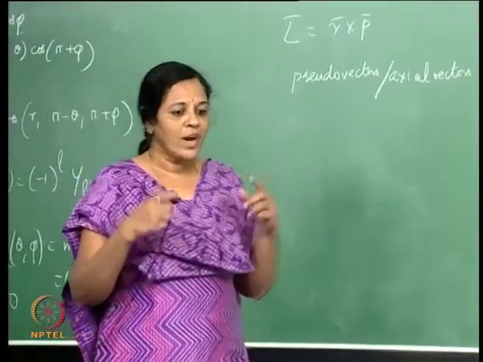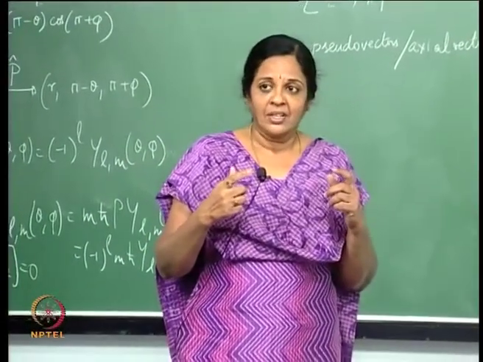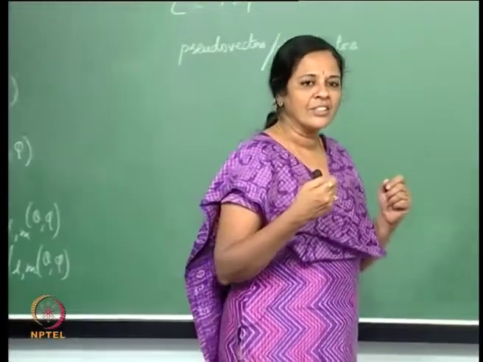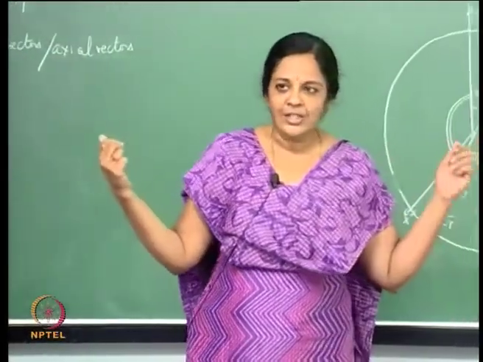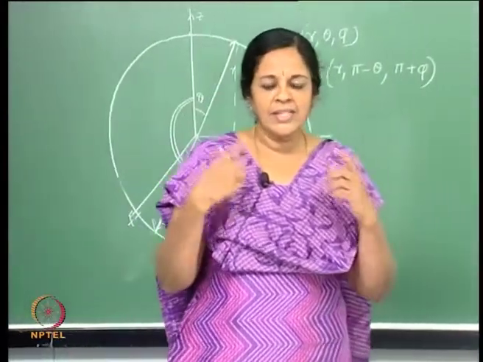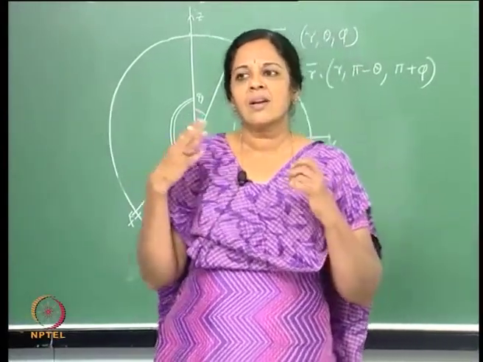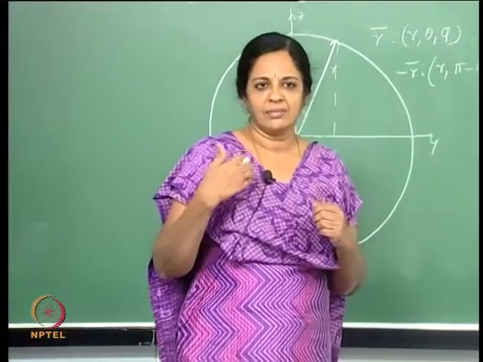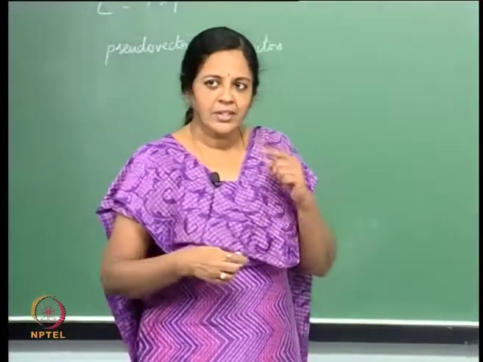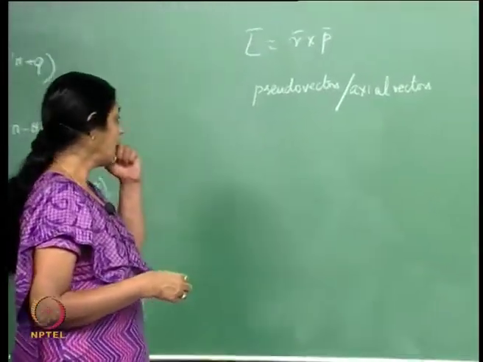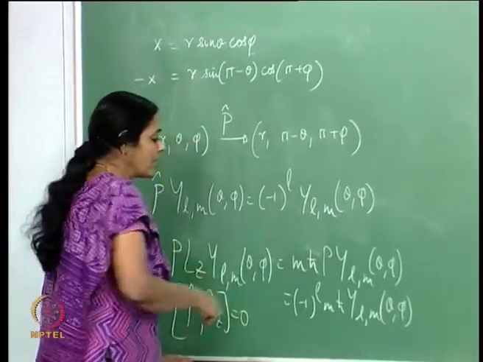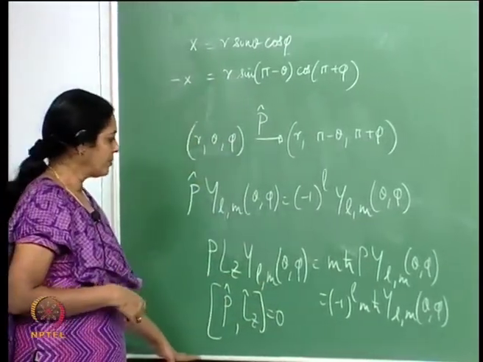The fact that the wave function satisfies certain very important properties like single-valuedness, vanishing at space boundaries, and so on, tells us what are the admissible solutions and what are the non-admissible solutions, and it also fixes m in terms of l. So the quantum numbers get related to each other.